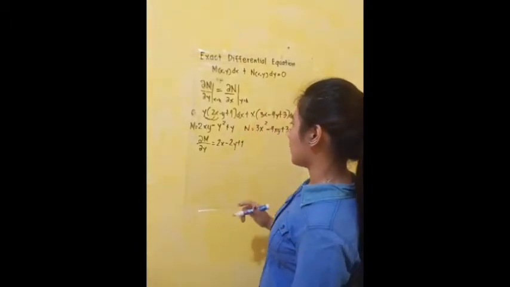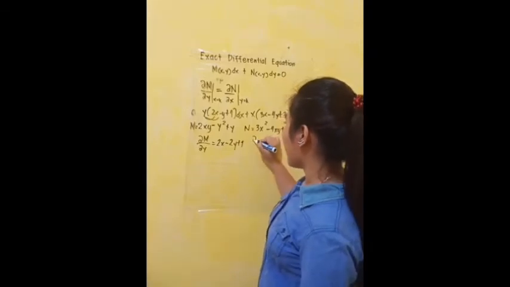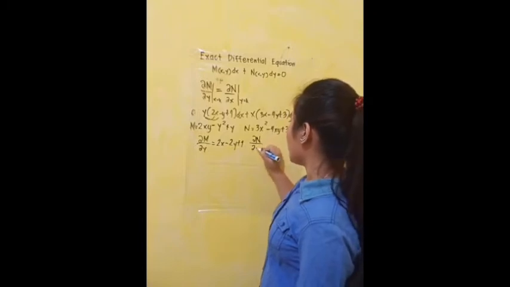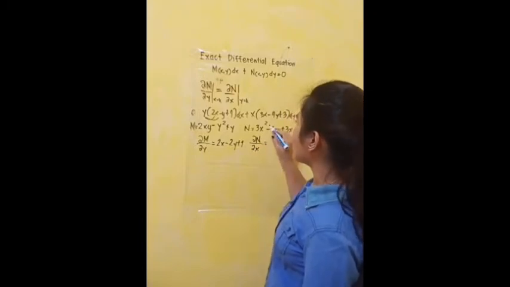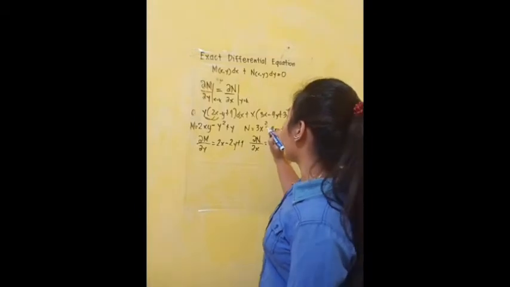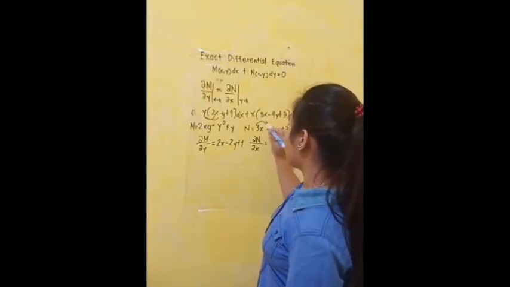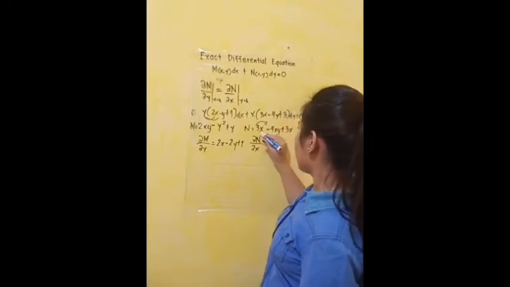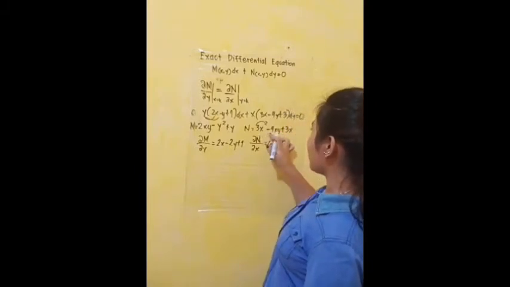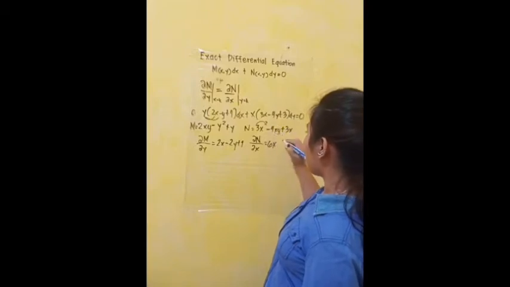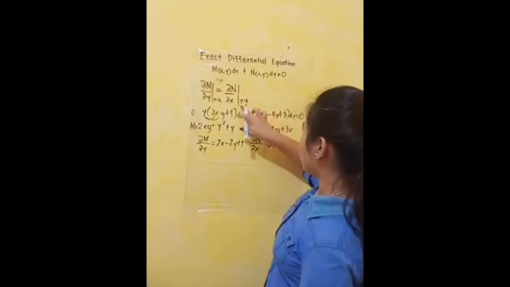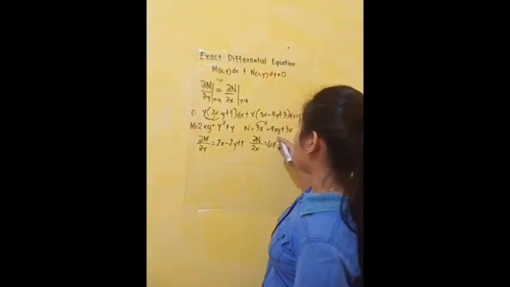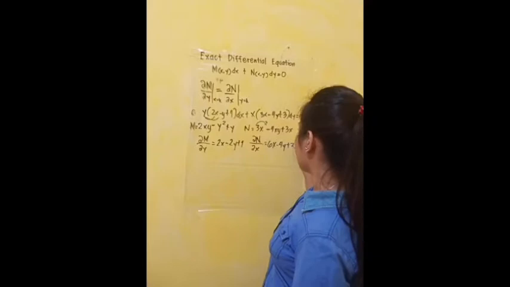Tapos dito ay, partial derivative ng N with respect to x is equals to, ang derivative ng 3x squared, bababa mo lang ito, pag multiply mo ay 6x. Ang derivative ng negative 4xy ay, constant yung y natin, so magiging negative 4y. Tapos ito ay plus 3.